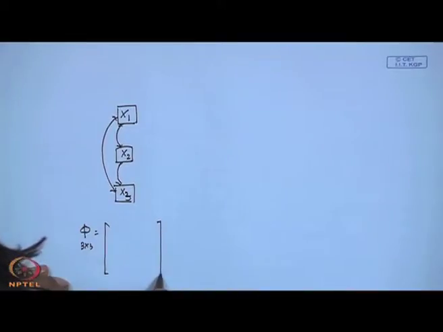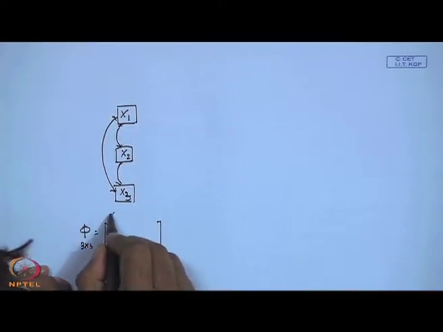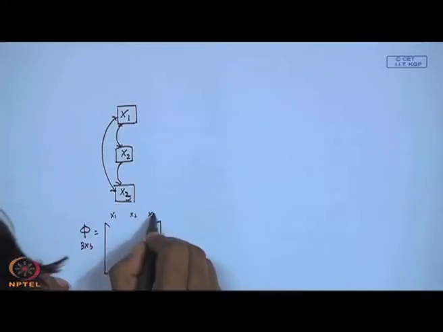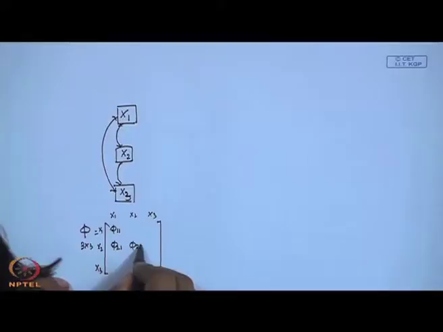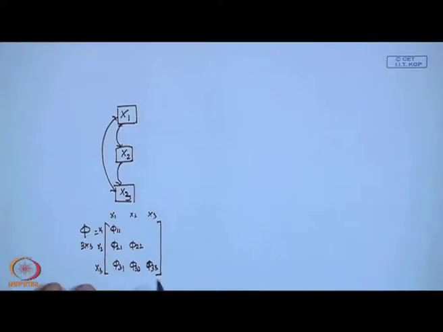We can write it like this: x1, x2, x3 by x1, x2, x3, with phi 1 1, then phi 2 1, phi 2 2, then phi 3 1, phi 3 2 and phi 3 3.